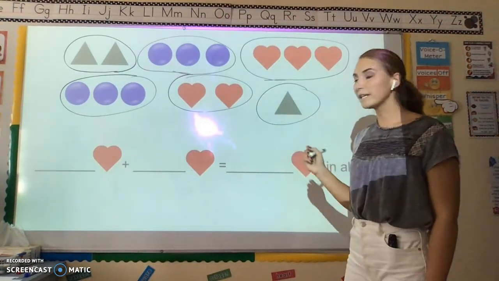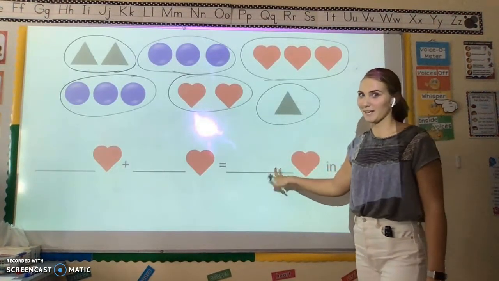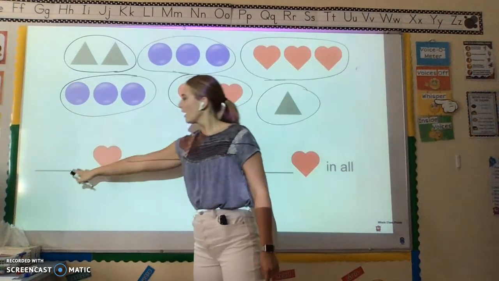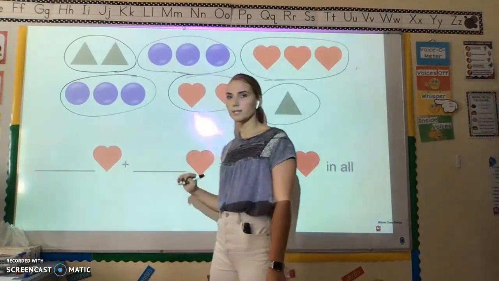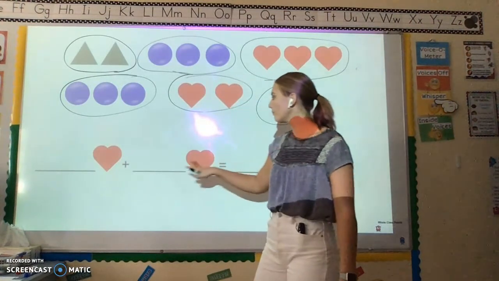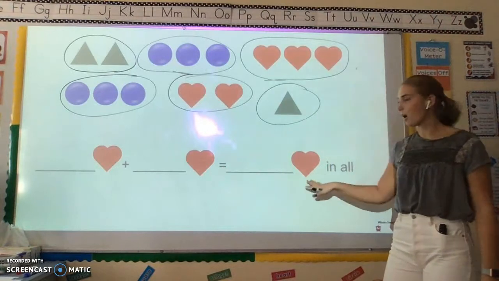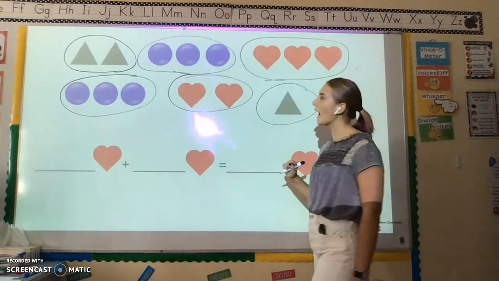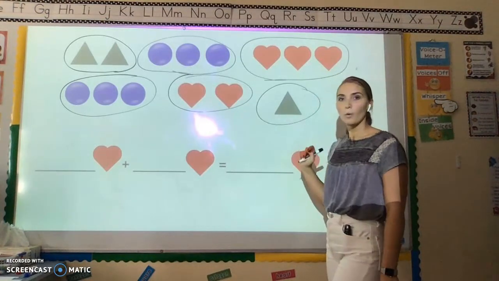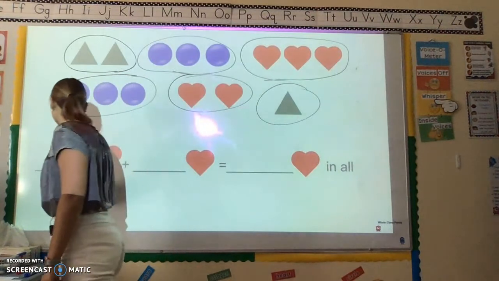So, this addition sentence, math detectives, is asking how many hearts plus hearts equals hearts in all. I see one group of hearts has 1, 2 hearts.